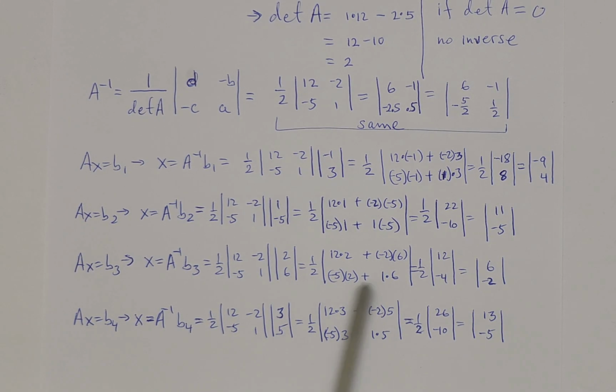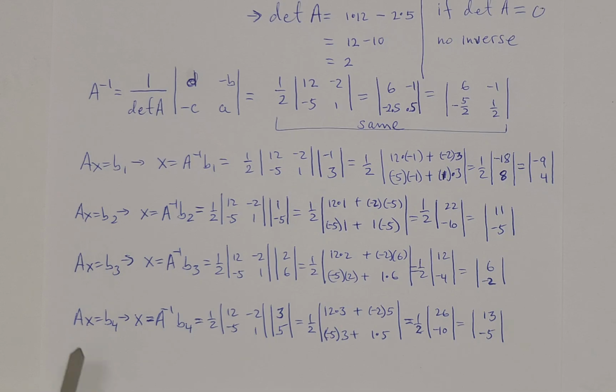Don't forget the 1/2. This gives me 24, and this gives me negative 12, so 24 subtract 12 gives me 12. This gives me negative 10, this gives me 6, so that gives me negative 4. Multiply by 1 over 2, that gives me 6 and negative 2. So this is the solution for B3.